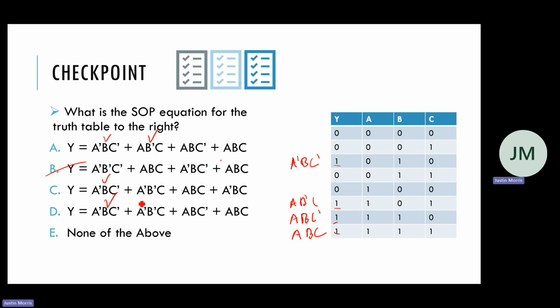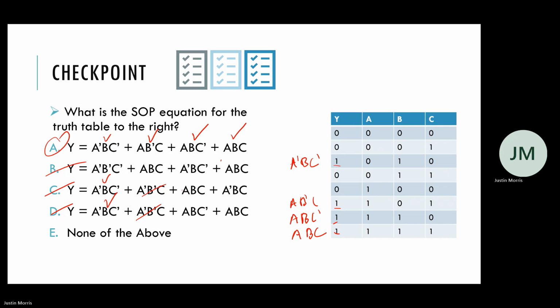This is not part of ours, so we can now eliminate this one. And then this is also the same thing. So now we just need to check the rest. A, B, C naught here, A, B, C here, has all four of them. This is our coverage. So it's A.